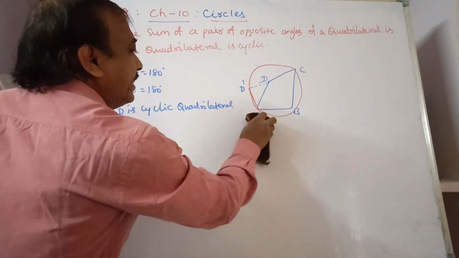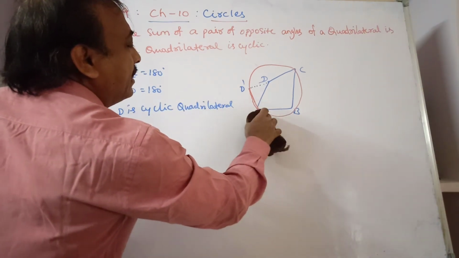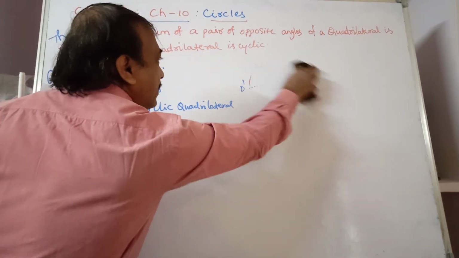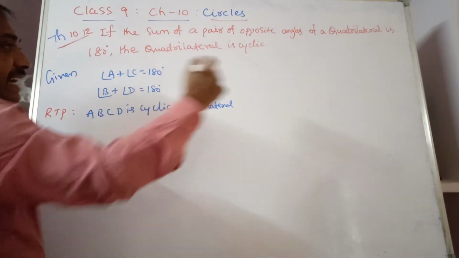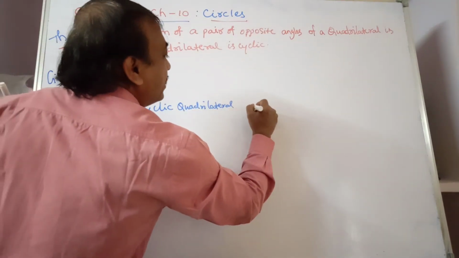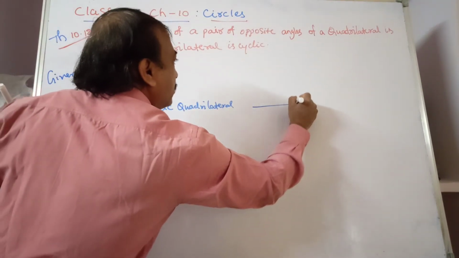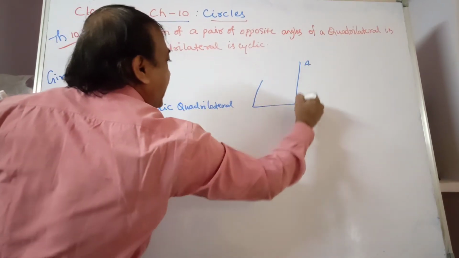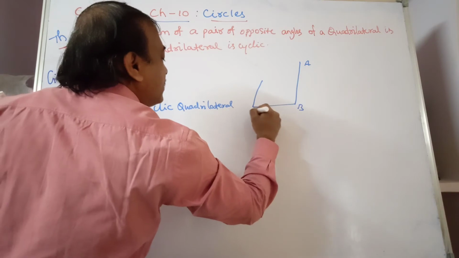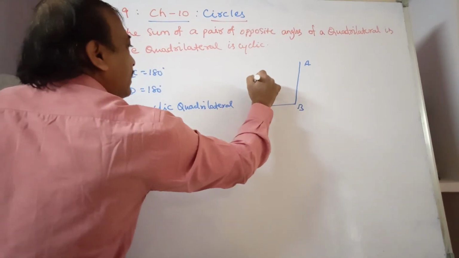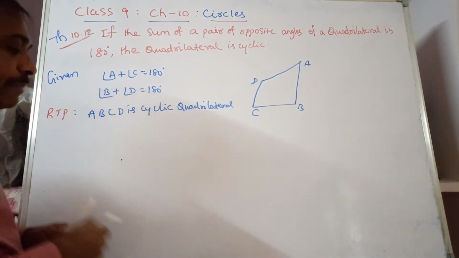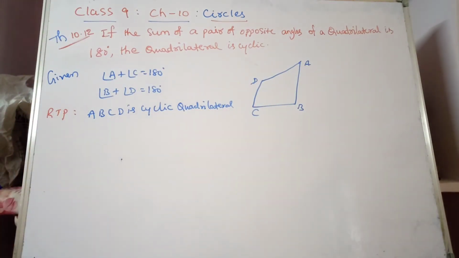Locate the points A, B, C, D. Sorry, the diagram is not correct. Now the four points are lying here. Taking three non-collinear points, we draw one circle, which is here.